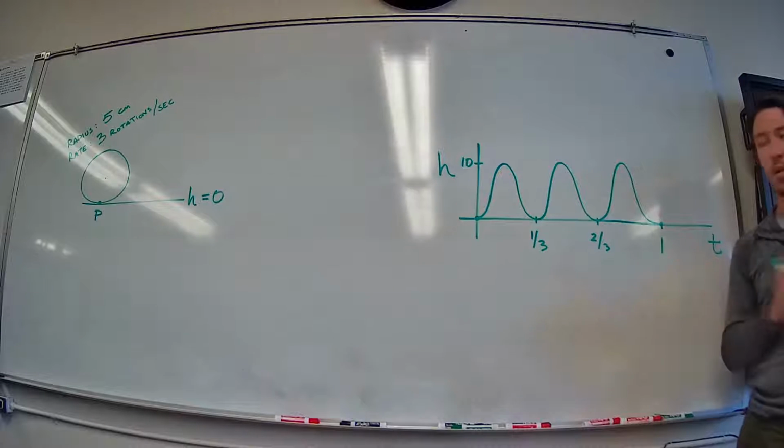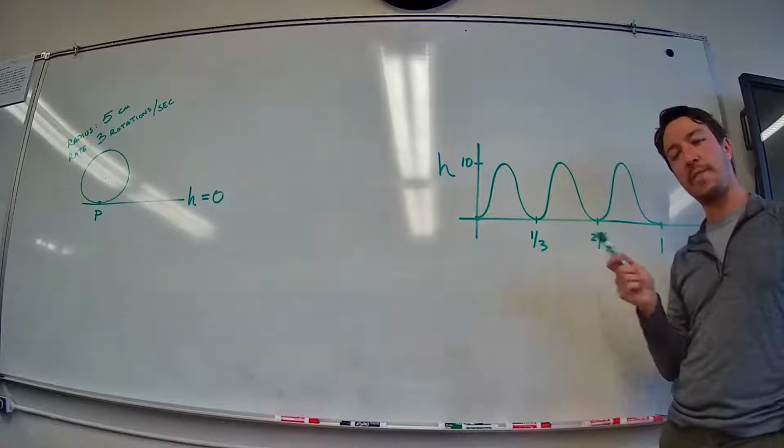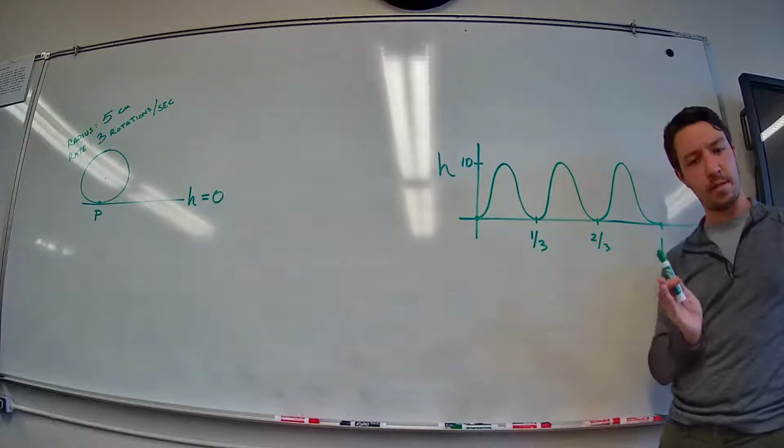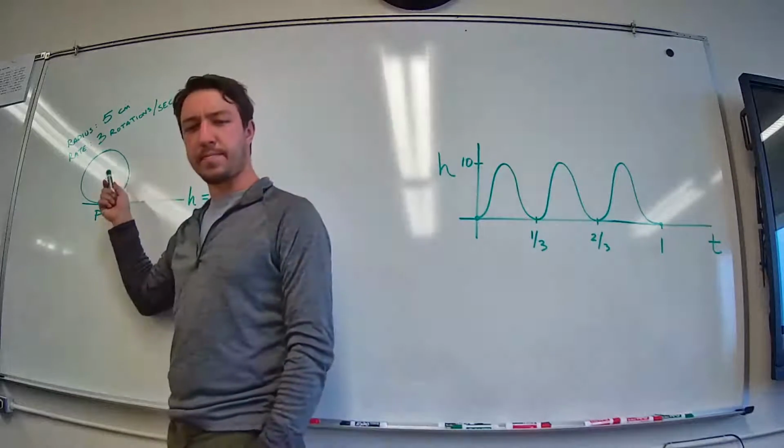Makes sense, right? Okay, great. Now, as far as what function makes this graph, that's not a very obvious question. So we're going to use a little bit of geometry over here to break it down.